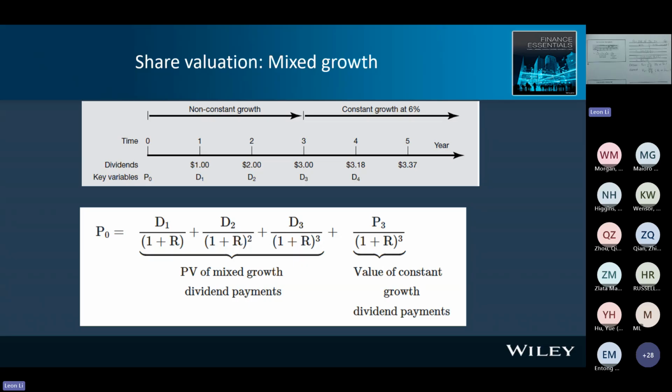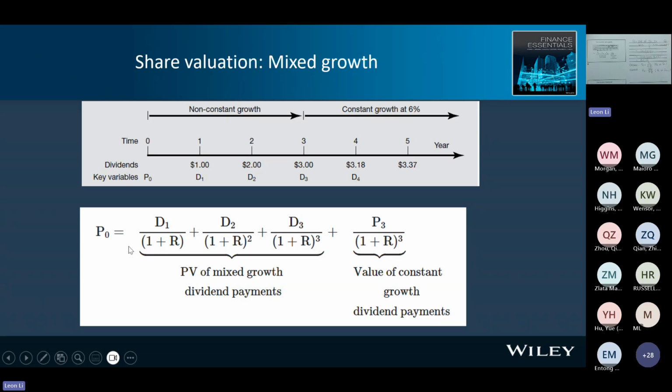After we have P3, now for our share valuation we have D1, D2, D3, and P3. Then we bring all of them to today and add up. So here is our calculation: D1, D2, D3, the present value of the mixed growth dividend payments, plus P3 over 1 plus R to the power 3, the present value of P3.